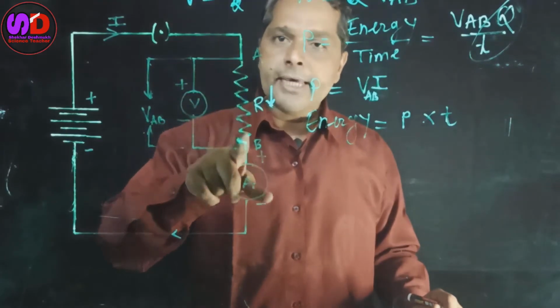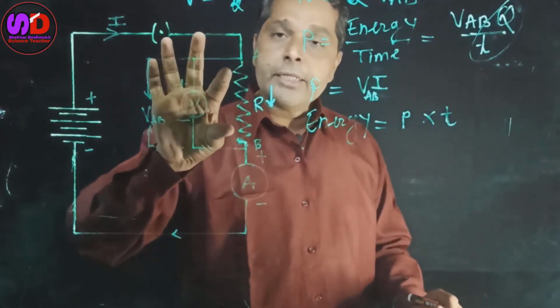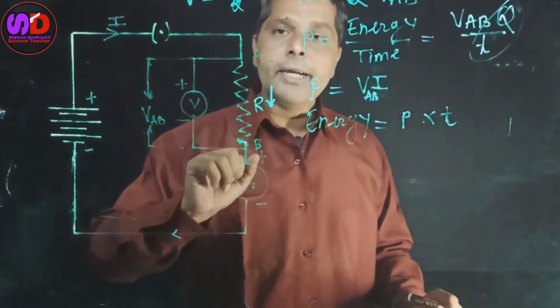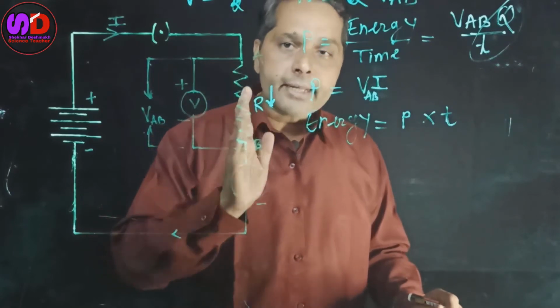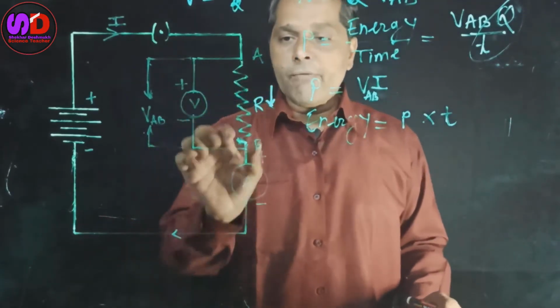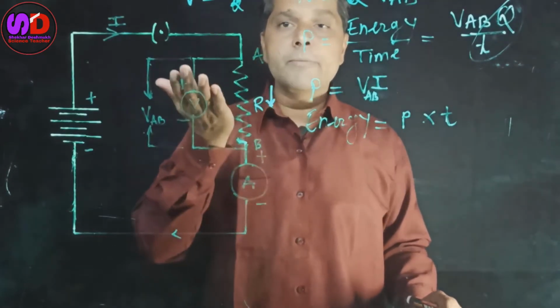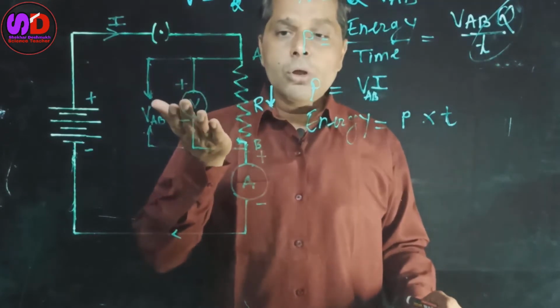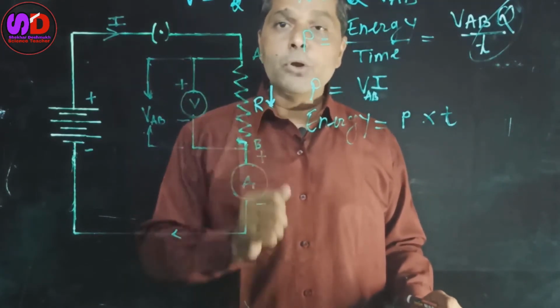Whenever Q charges flow through it for time T, the energy is converted. The electric power used here is converted into heat energy, and therefore the temperature of this resistance rises. So it becomes very hot. That means heat is produced.